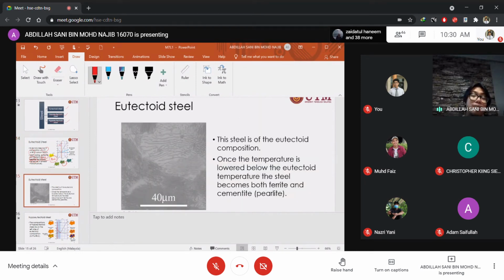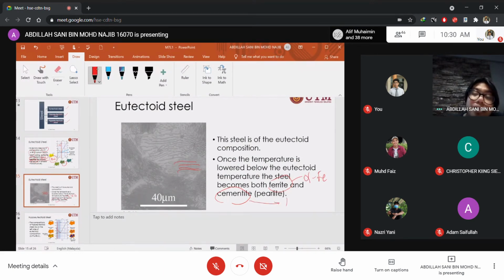And how does this eutectoid steel look? This is the image. You can see that there is a lamellar structure throughout the material, of ferrite and cementite. What is ferrite? Ferrite is alpha iron.